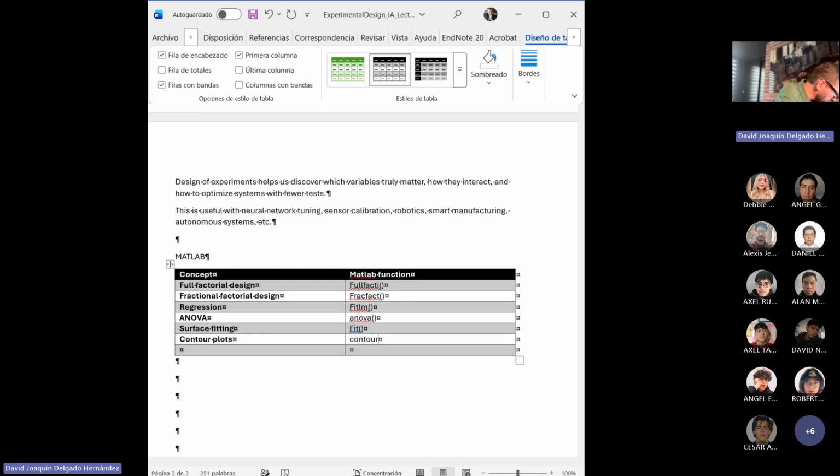You use the f at the end, open and close parentheses. And one other which is very useful is related to the surface plots: surf, open and close.